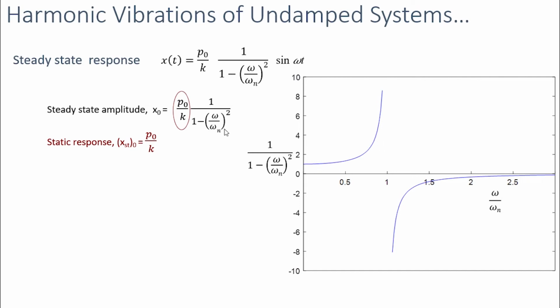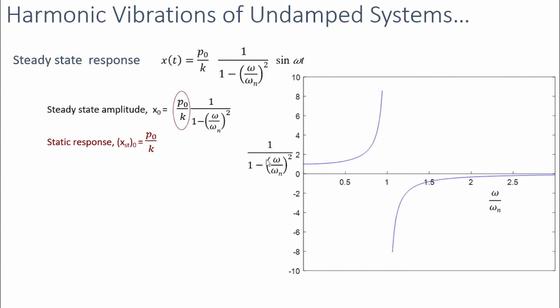So what happens when the forcing frequency is higher than the natural frequency? When the forcing frequency is higher than the natural frequency, this term will become higher than 1, so this factor will become negative. When this factor becomes negative, it means that the steady state response and the force acting will be in opposite directions. If the force is acting in one direction, the response will be in the other direction.